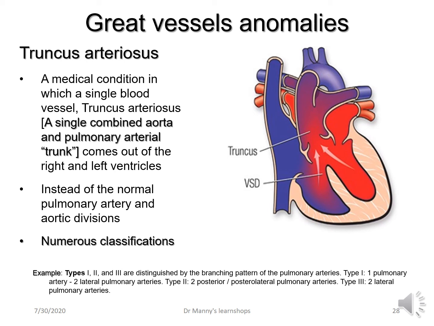This trunk then comes out of the right and left ventricles as one vessel. There's usually a large VSD associated with it because the septum doesn't form either. This trunk is the result, instead of normal pulmonary artery and aortic divisions. And as I said, there are numerous different types of classifications.